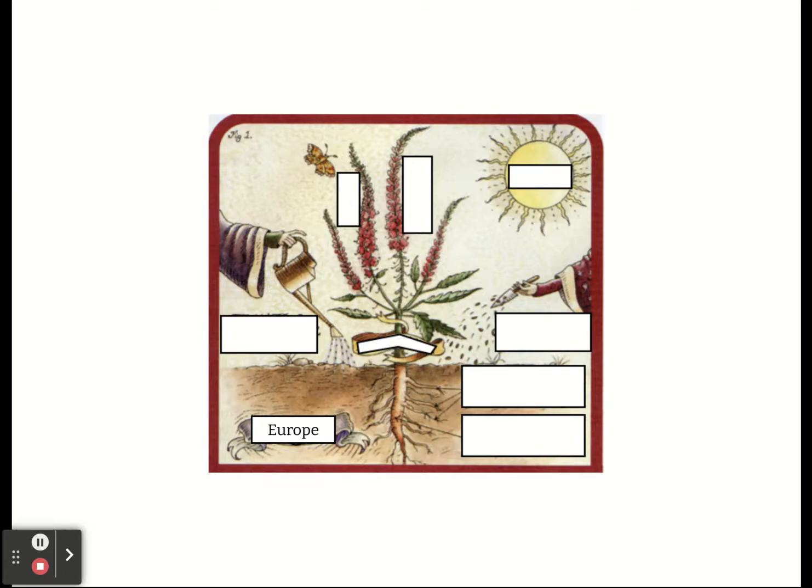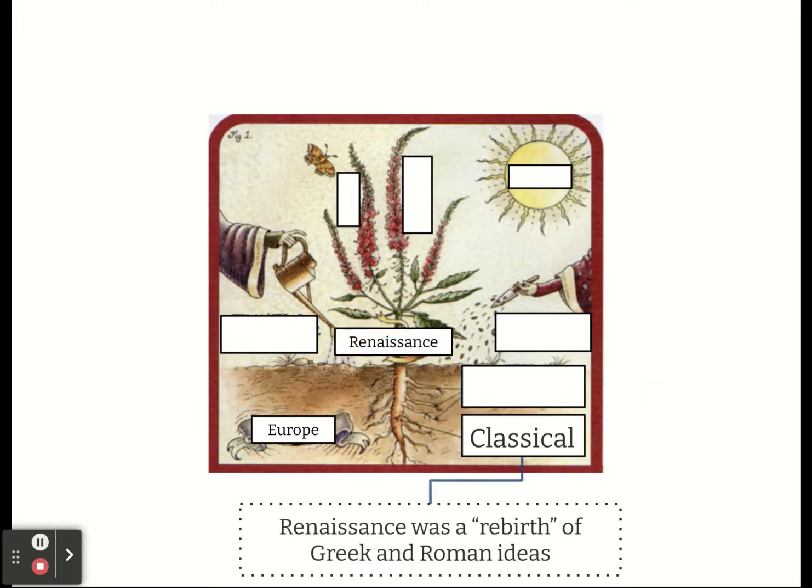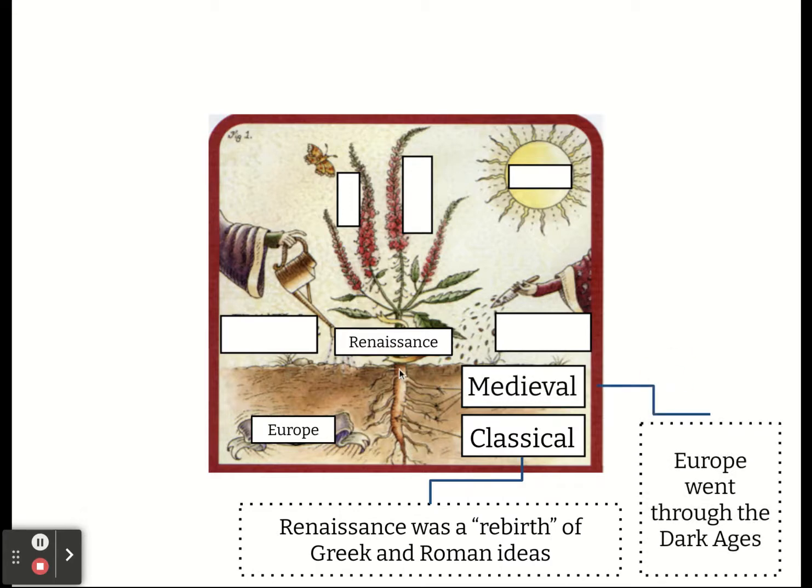Okay. The next part right here is classical. Now, if you saw the plant as a timeline, kind of, the bottom, the beginning is classical. The middle is medieval. And then this is the Renaissance after.